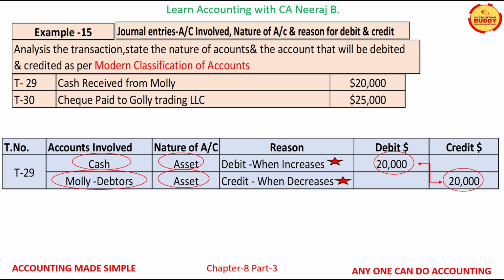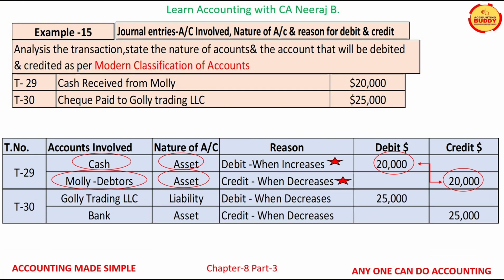Transaction T30 is a check of $25,000 paid to Goli Trading LLC. The two accounts which are affected by this transaction are creditors account of Goli Trading LLC and bank account. Goli Trading LLC creditor account is a liability account.